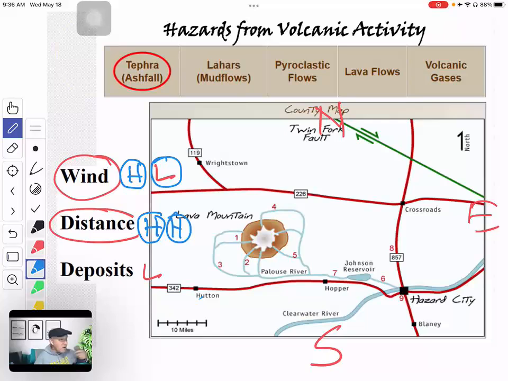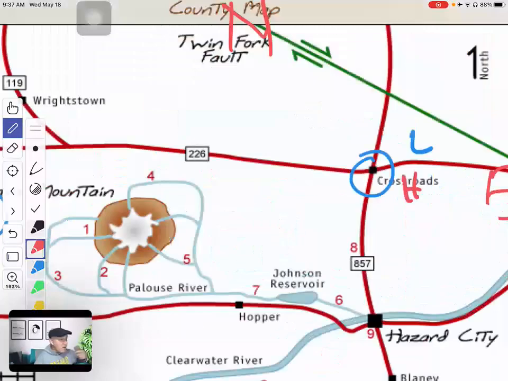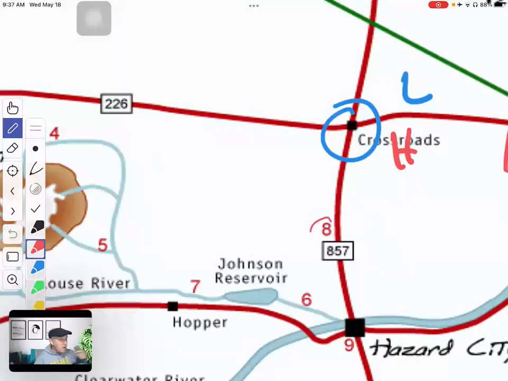So then you're going to look at deposits, for example, for those that are here. Let's say Crossroads. Crossroads is right over here. It's low for the wind because it's upwind, and high for the distance because it is within the range that ash travels. Then when you look at the deposits, the closest one is going to be at number 8 over here.